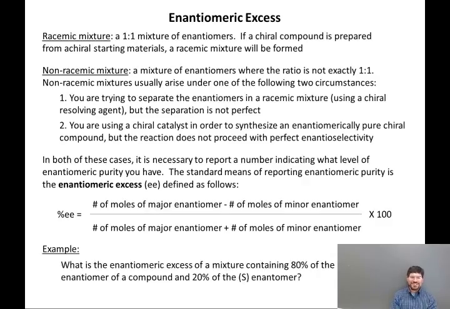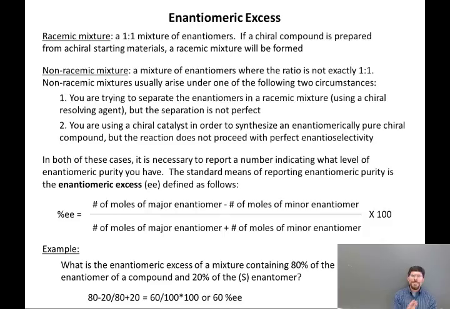Let's put this definition into practice. So what you would need to do is figure out what the enantiomeric excess is of a mixture containing 80% of the R enantiomer of a compound and 20% of the S enantiomer. So how do we do this? Well, you go back to the definition.